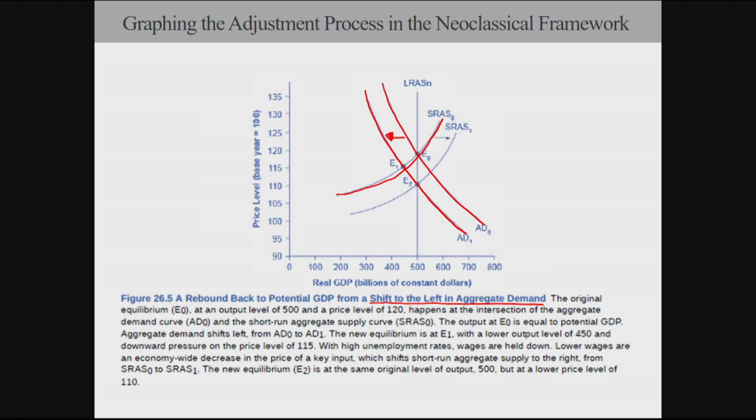Let's give people a tax cut, or increase government spending in some way, to shift aggregate demand back to AD0. But the neoclassical framework says that if you just sit tight, at point E1 unemployment is higher than its natural level. As a result, workers have less bargaining power, and wages tend to fall.